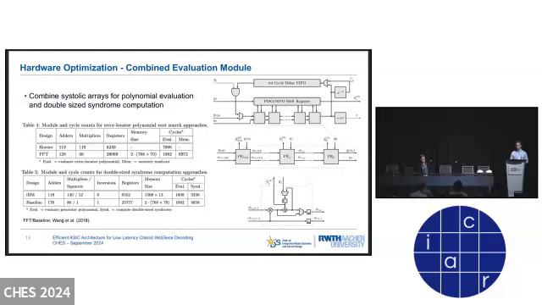And while our design uses Horner's method, the baseline design uses an additive FFT, which possesses a significantly reduced multiplicative complexity. So we can see that the FFT approach requires significantly fewer multipliers than our design, and at the same time also about 7 times fewer cycles.